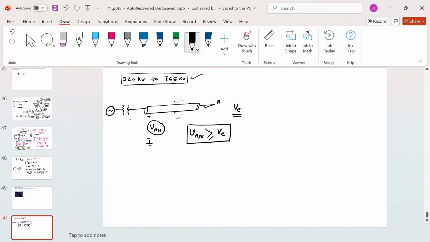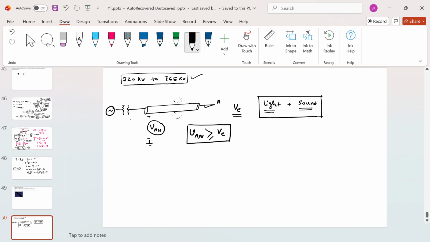Because of this dielectric breakdown of the air, your electrical energy is getting converted into light energy plus sound energy. This energy conversion is happening because of ionization of the air. So your electrical energy is getting converted into light and sound energy, which is not electrical energy, so it is not useful in our case.